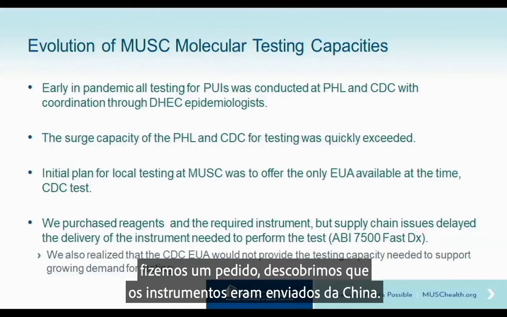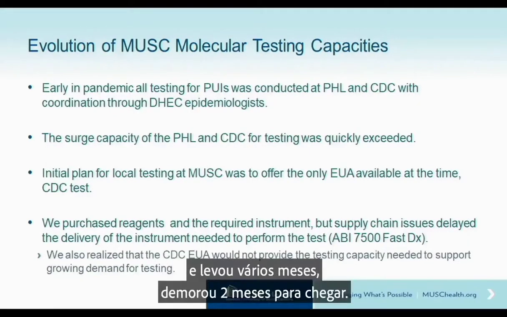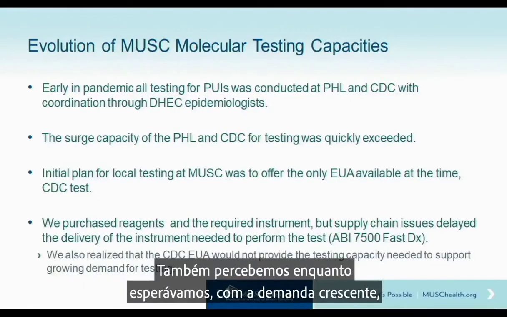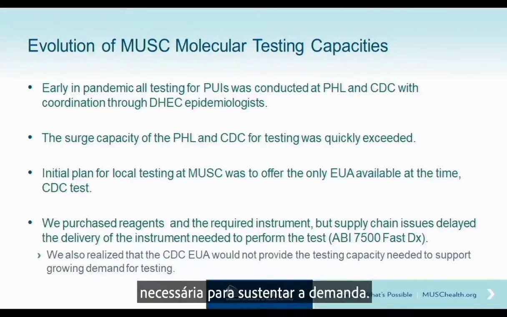We learned that the instruments are shipped from China, so the instrument was on the slow boat from China. It took 2 months to arrive. We also realized while we were waiting for it, with the increasing demand, that the CDC assay really wasn't going to provide us with the testing capacity that we needed to support the demand.